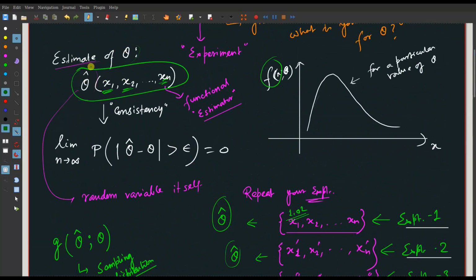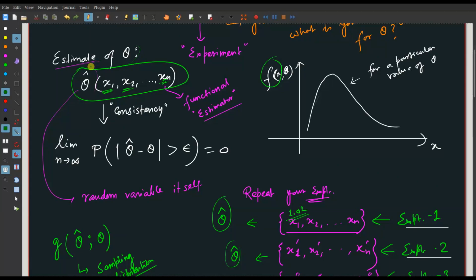And it is subjected to fluctuation when I repeat my experiment. So when you give an estimate for a parameter, you need to specify how confident a person will be in your estimate for that parameter.